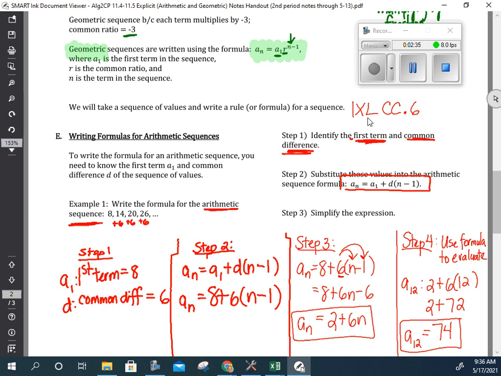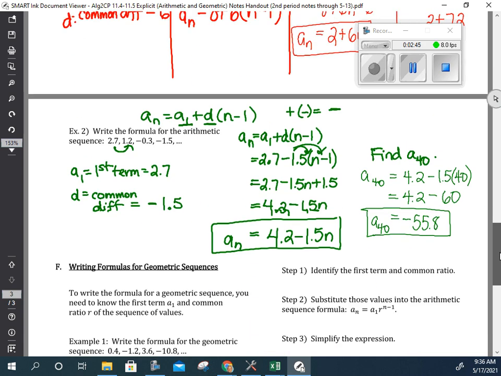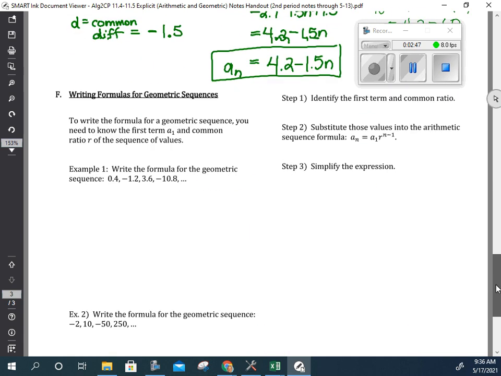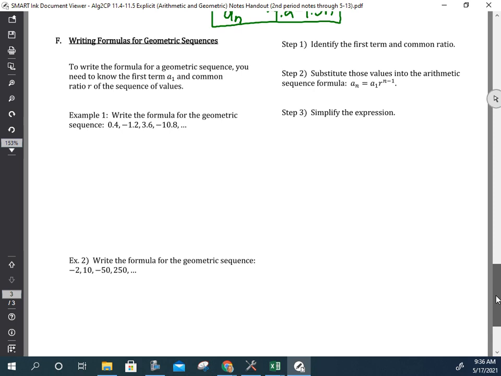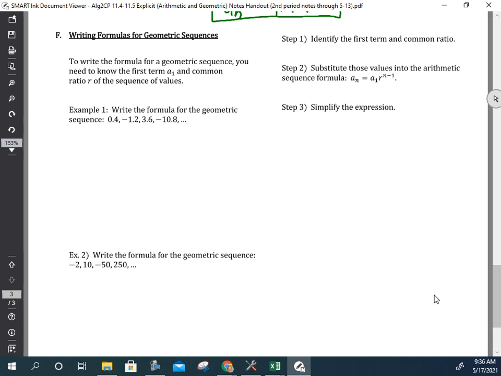So this lines up with IXL-CC6. So we did 2 examples of this on Thursday, 1 and 2. So now we're going to write formulas for a geometric sequence. So our last 2 examples will be for a geometric sequence.